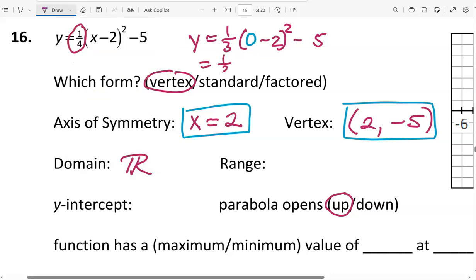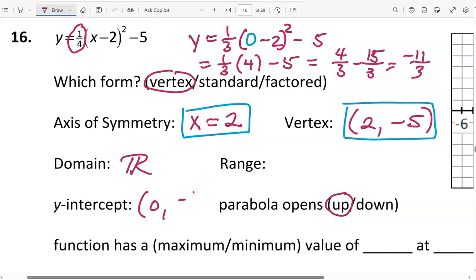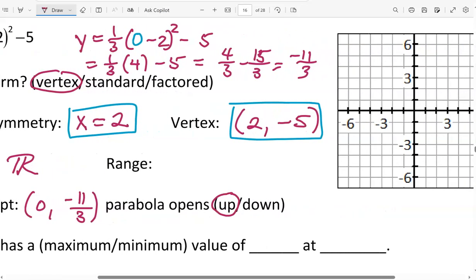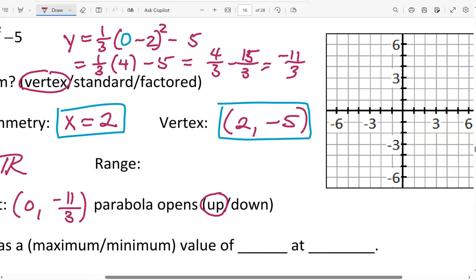So the y-intercept is 1/3 times -2 squared, which is +4, minus 5. So that's going to be 4/3 minus 5, which is the same as -11/3. So (0, -11/3) is the y-intercept. We can actually plot that one. That's -3 2/3. So let's plot that.